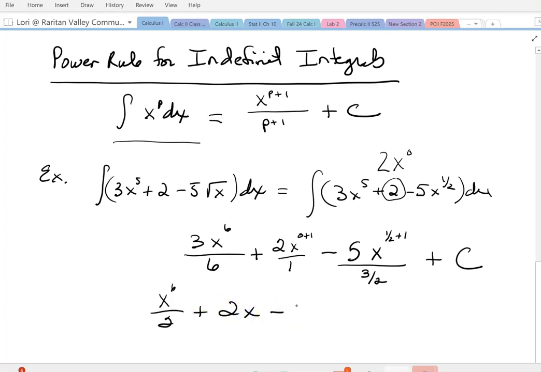Another thing you'll get used to as you're doing these integrations and you end up with a lot of fractional exponents, division of 3/2 is the same as multiplication of 2/3.